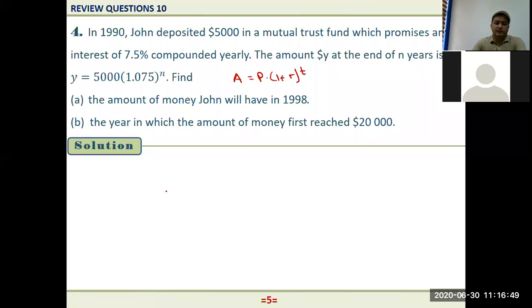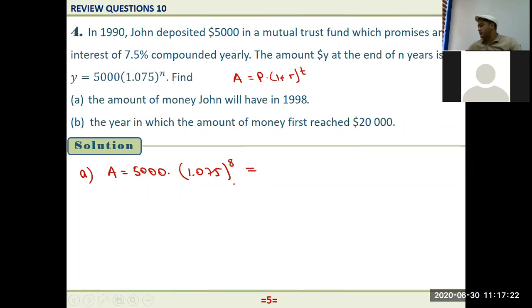Okay, question A. The amount of money John will have in 1998. That means after 8 years, right? So how much will he have at the end of 1998? Here we have the deposit, $5,000, times 1.075 to the power n, and n is 8.